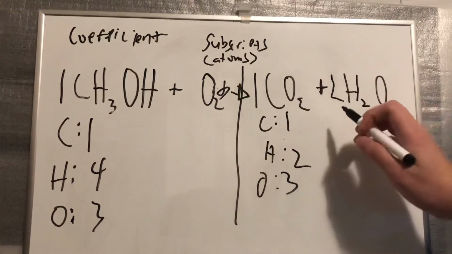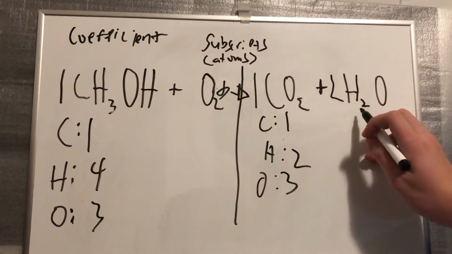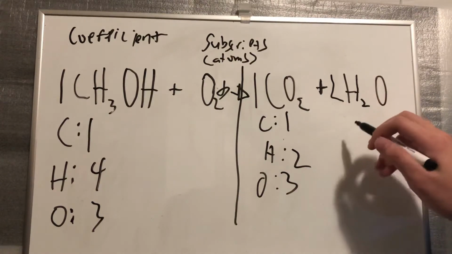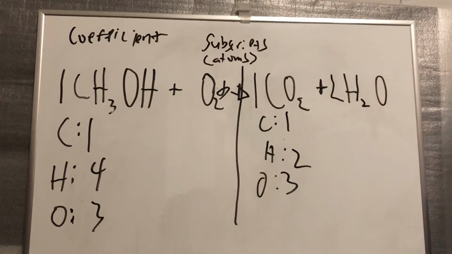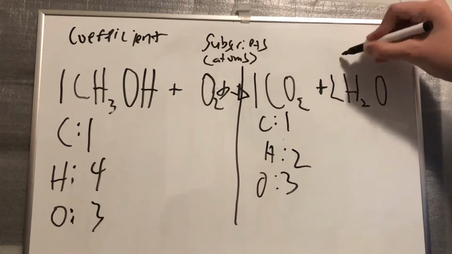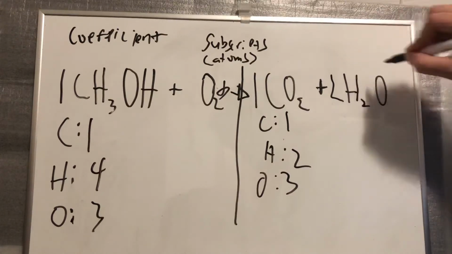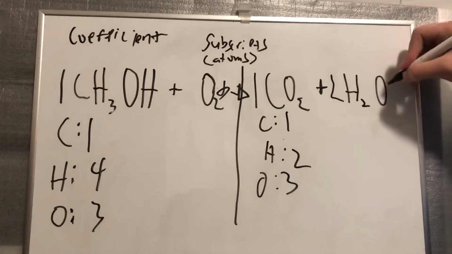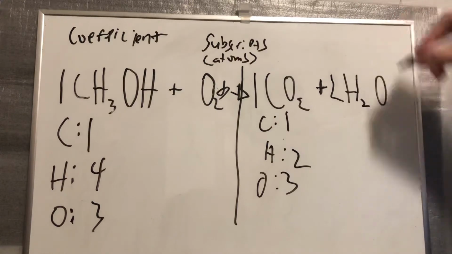Why do you want to do that? Well, if you were to multiply coefficients by a subscript, basic multiplication, you then would get 4. It's basically like if you were to add another H2O right here, you then would count 4 atoms. And then, don't forget the oxygen atom, you have 2 oxygen atoms in total.